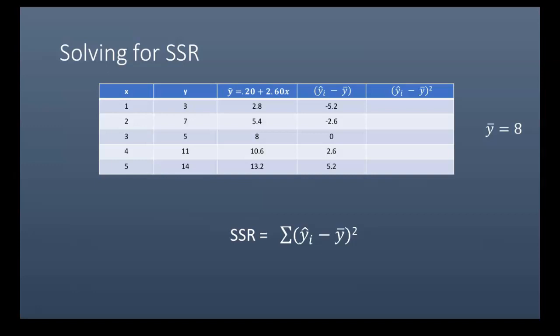So now our last list is squaring y hat minus y bar. So negative 5.2 squared is 27.04. Negative 2.6 squared is 6.76. So your SSR is the sum of that list. So if we sum that up, we will get 67.6. Meaning your SSR equals 67.6.